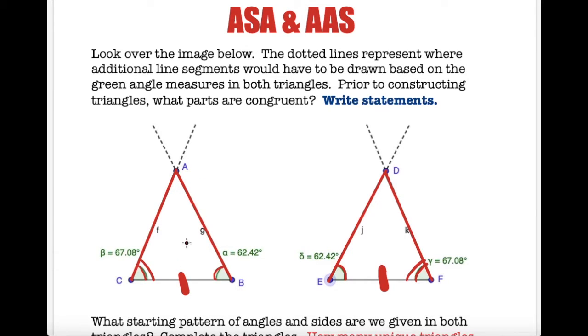And then if you look at it really quick, and we'll get back to this in a moment, this angle also has to be congruent because of subtraction. So with just this starting point, we get two triangles that have to be congruent because all of their parts match. This is the angle-side-angle congruence postulate.